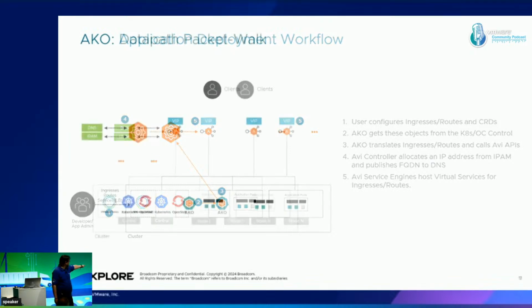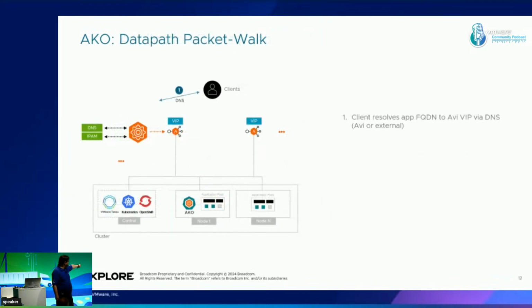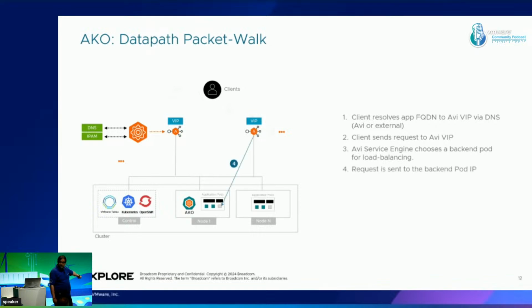And the clients just see this: request DNS, DNS answers, go to the VIP, go to the pod, the pod delivers the information, and it comes back. Clean, transparent, in the same model you always run with AVI.